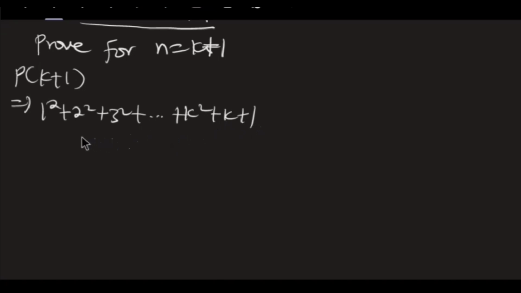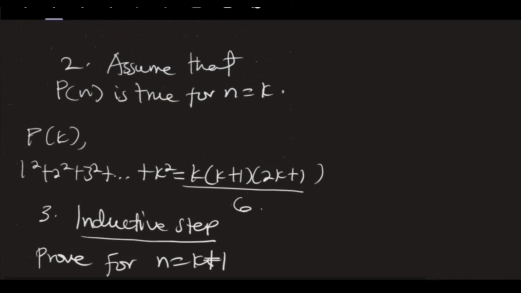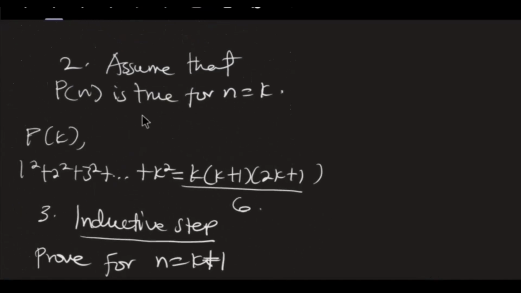All this should be equal to what we have on our right hand side: k plus 1 in one bracket, then k plus 1 plus 1, then 2 multiplying (k plus 1), then plus 1, everything over 6. So once we have this, you realize that wherever we see n, we put k plus 1 there.